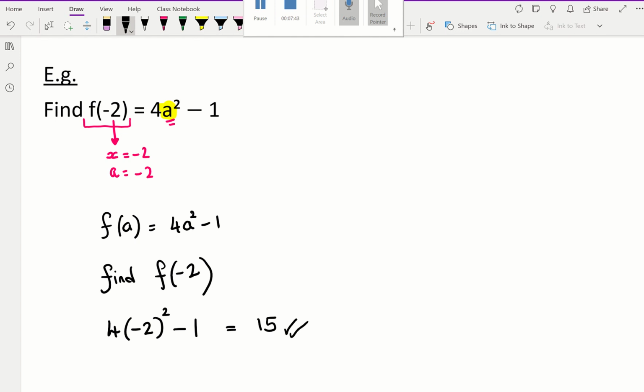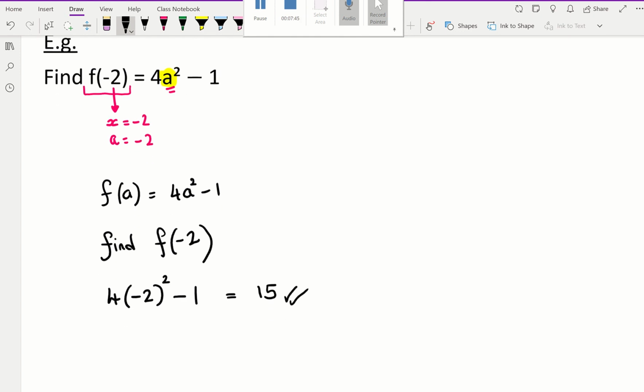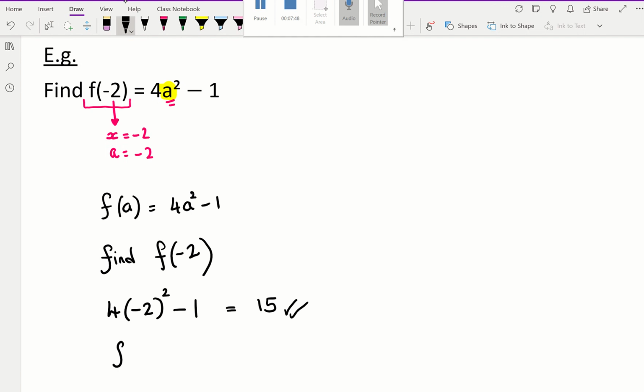That gives you the answer, and that gives you the marks. You could, as a way of concluding the question, put this. When x is -2, y is 15.